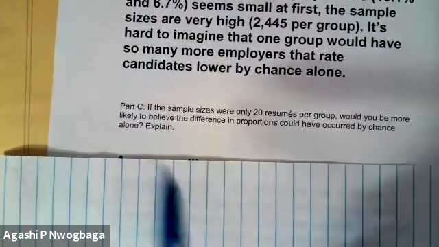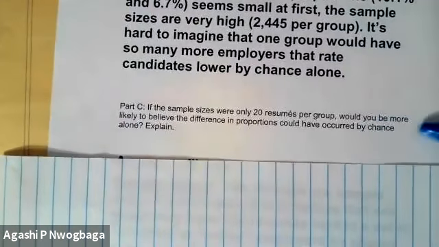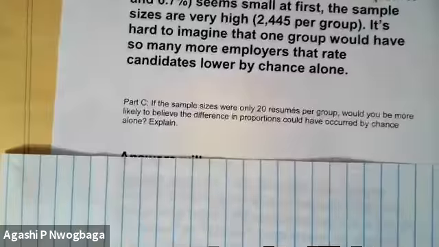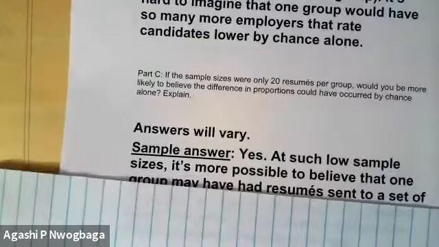So let's look at part C. If the sample sizes were only 20 resumes per group, would you be more likely to believe the difference in proportions could have occurred by chance alone? Explain. Of course, if the sample size is small, the possible answer is yes.